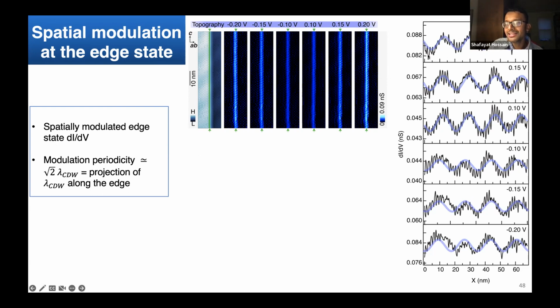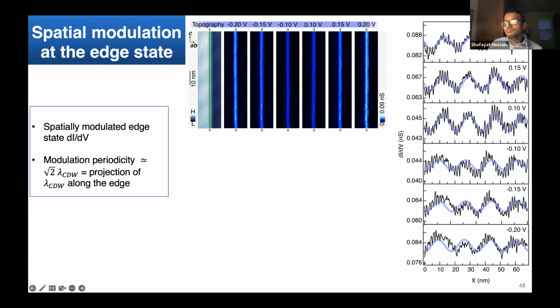Of course, the amplitude of this oscillation is not too strong. For example, here it's say 0.082 to 0.088. So there is a large background, and on top of it there is this oscillation.